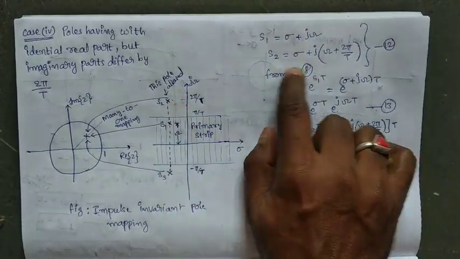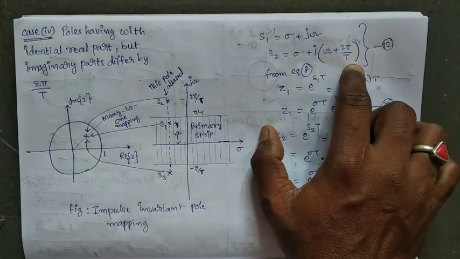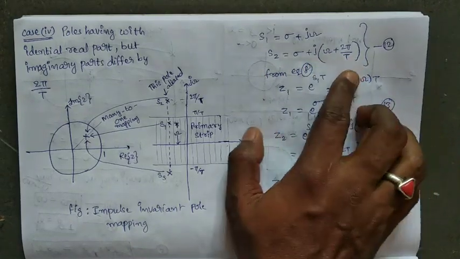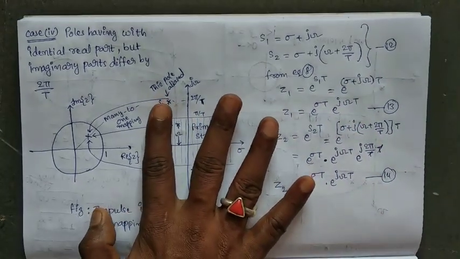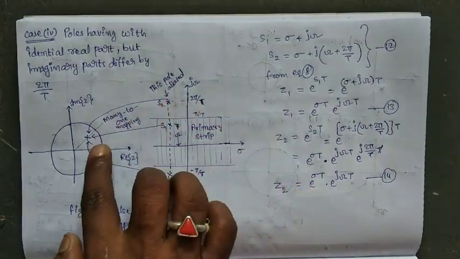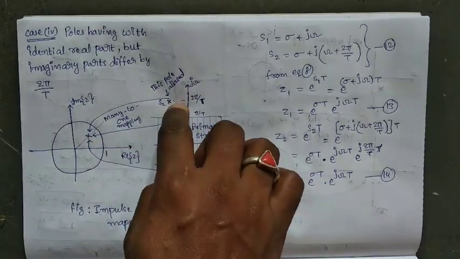Simply it can be written as S2 is equal to sigma plus j of omega plus 2 pi by T. Now we are mapping these poles into the Z plane.